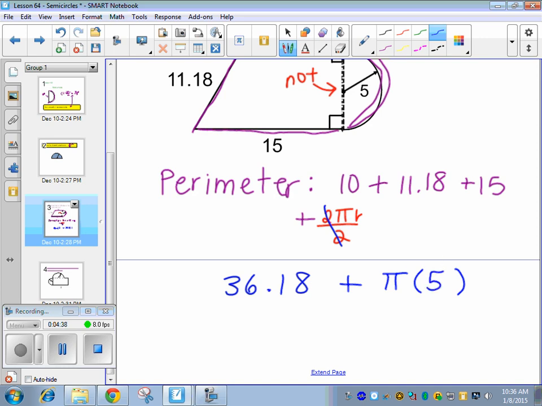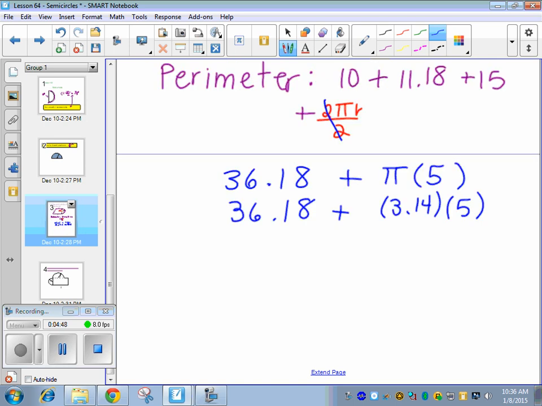Yep. Good. Okay, and what should I plug in for pi? Yep. Okay, somewhere off to the side, we probably need to multiply 3.14 times 5. Anybody got that for me? 15.7. 15.7?